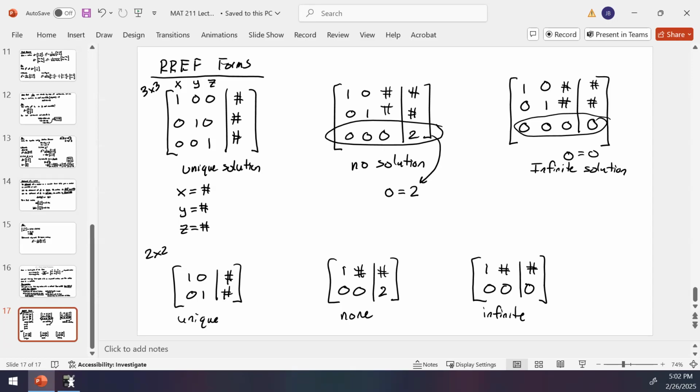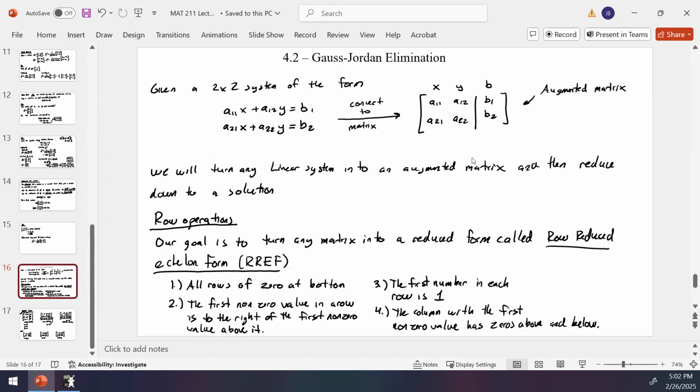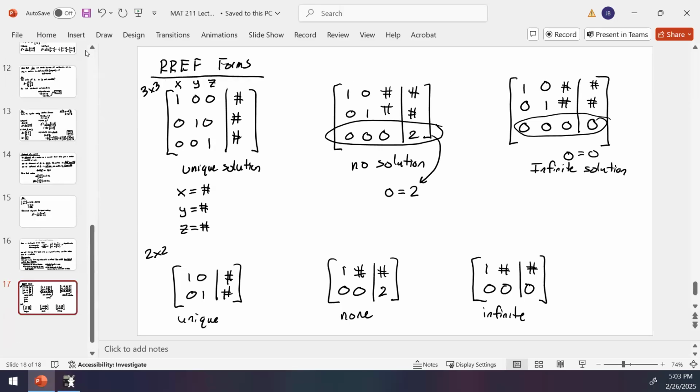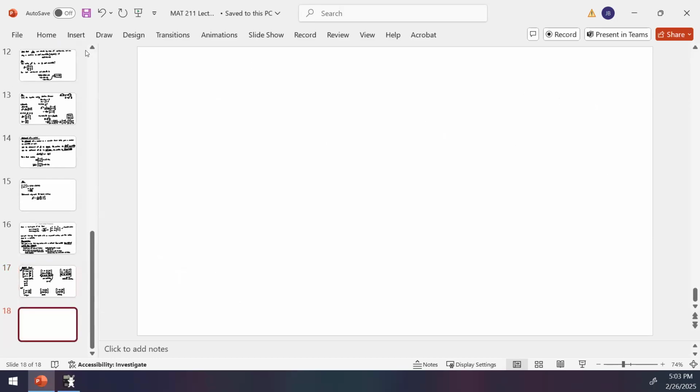So the question becomes, I have a matrix right here. How do I make it look like that? Well, row operations do. Row operations are how we get from our first matrix to our last matrix. So the three row operations are as follows. Number one, you can row swap. Most people will do a double arrow and say which two rows, row one and row two.